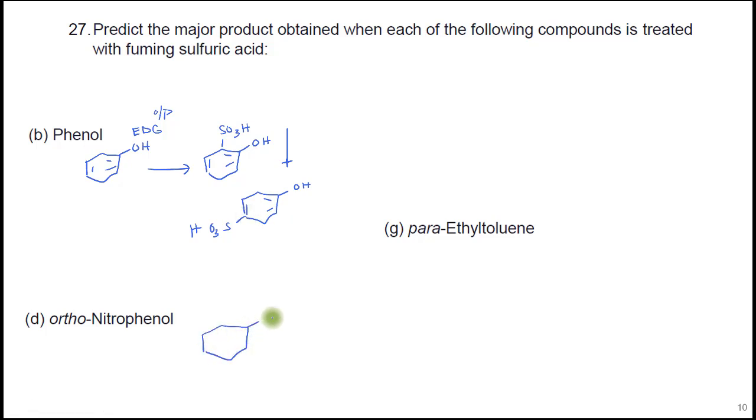We have nitrophenol here. It's ortho-nitro. And here the ortho position is already blocked. So we can add our sulfonate group to the para position. And the activator is the one driving the bus here. And in this case, they're working cooperatively because that nitro group is also a meta director, and that sulfonate group is meta to the nitro group.